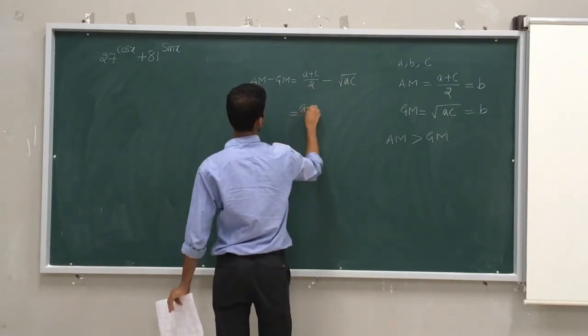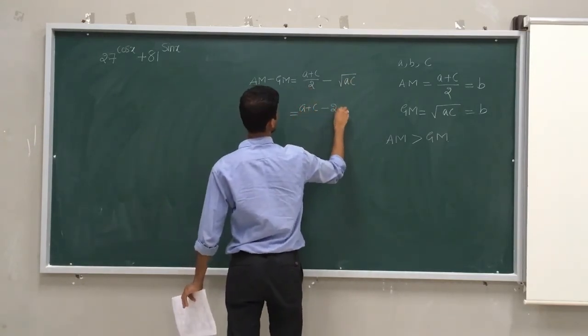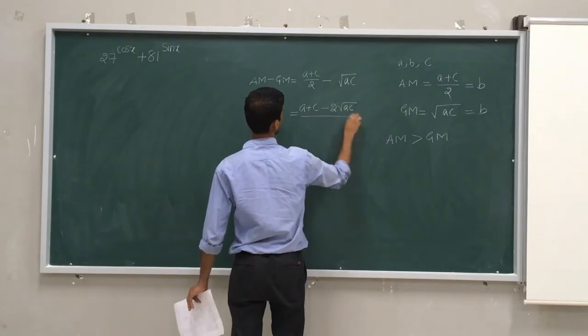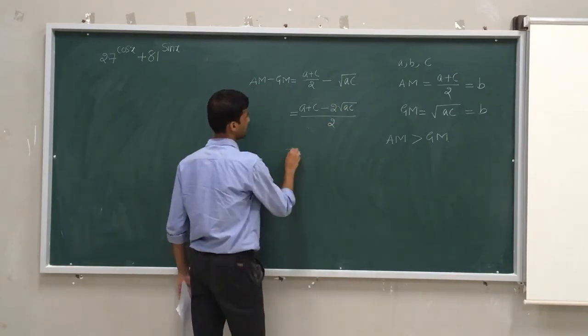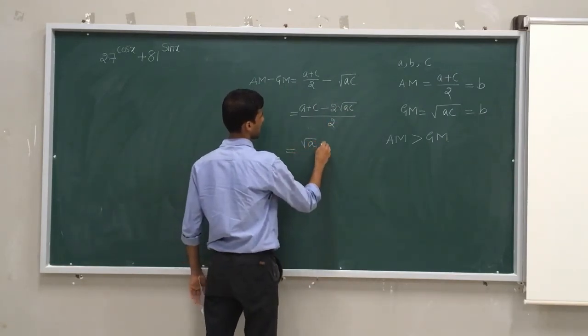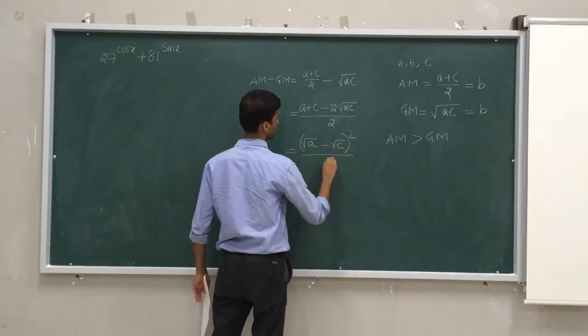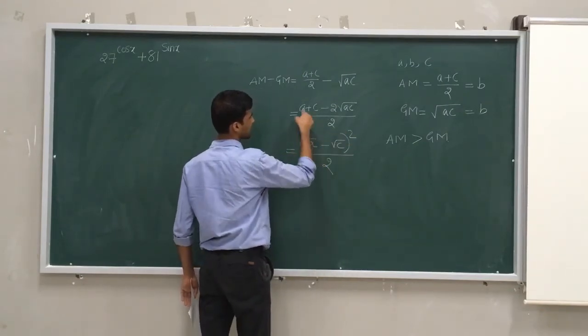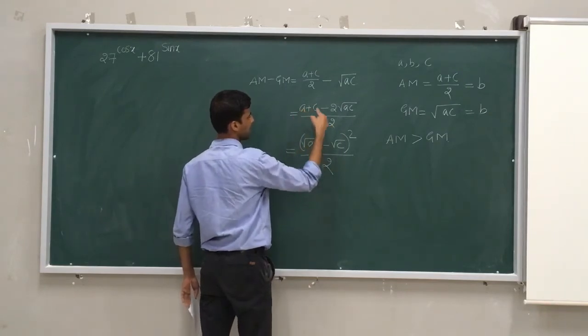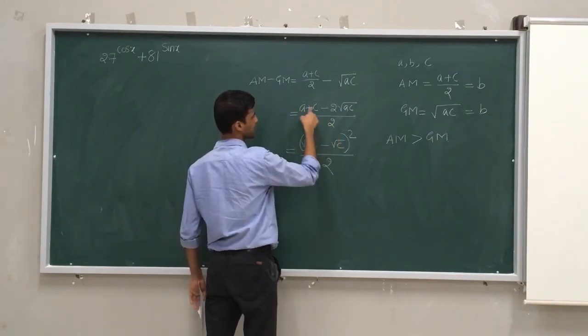So it is nothing but a plus c minus 2 root ac upon 2, right? Then you can write this as root a minus root c the whole square upon 2, because root a the whole square is a, root c the whole square is c.